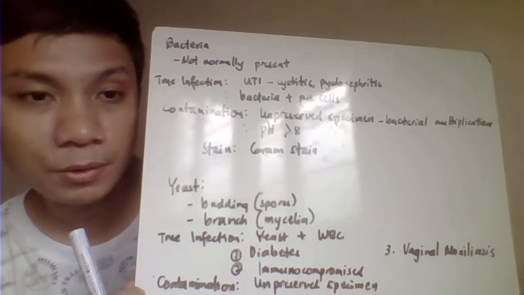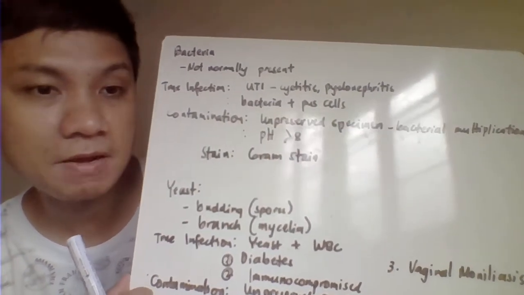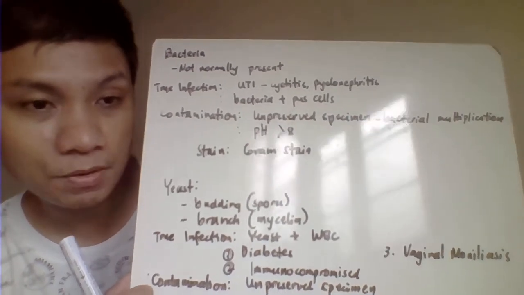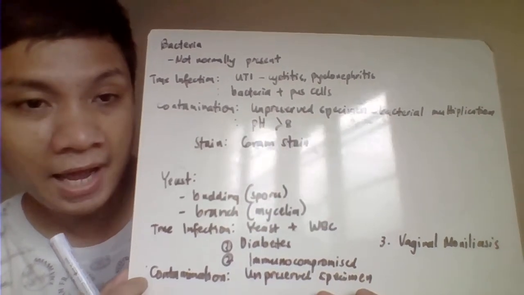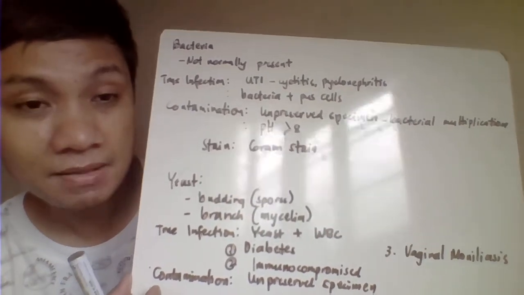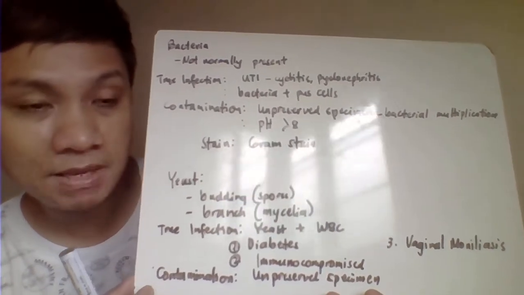So basically, a true bacterial infection is identified by the presence of bacteria plus there should be WBC. On the other hand, if what you have is only bacteria, it might be related only to contamination.